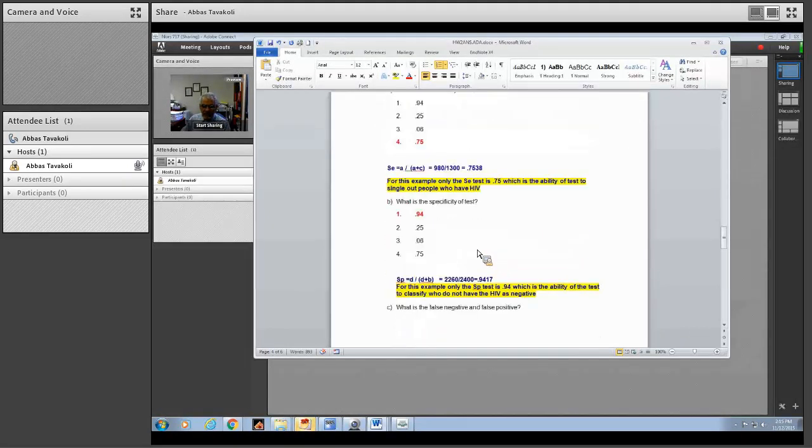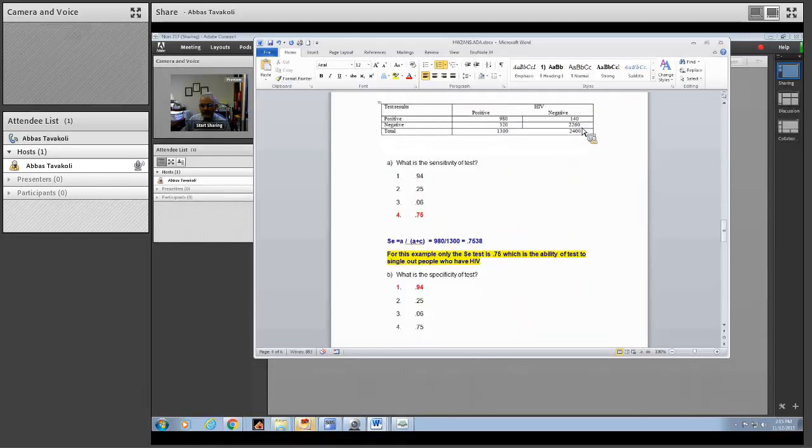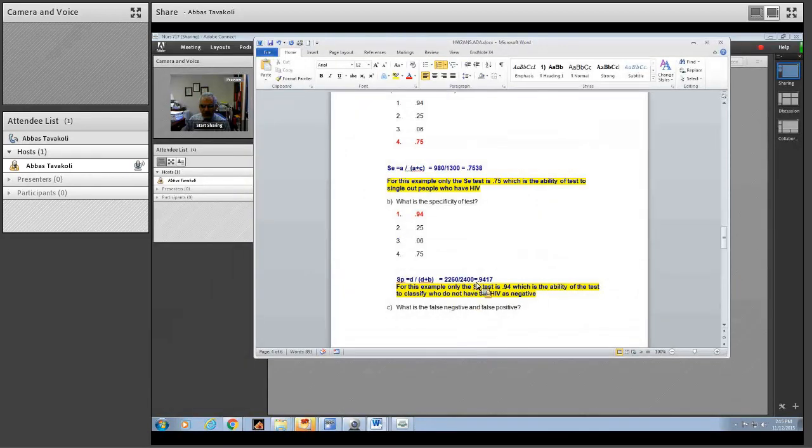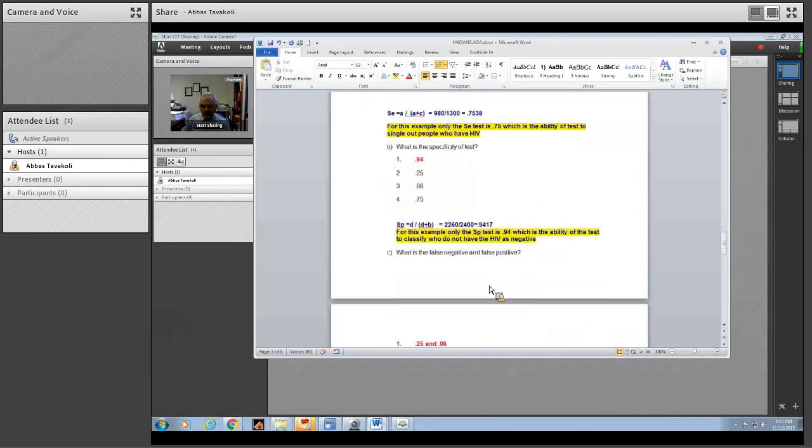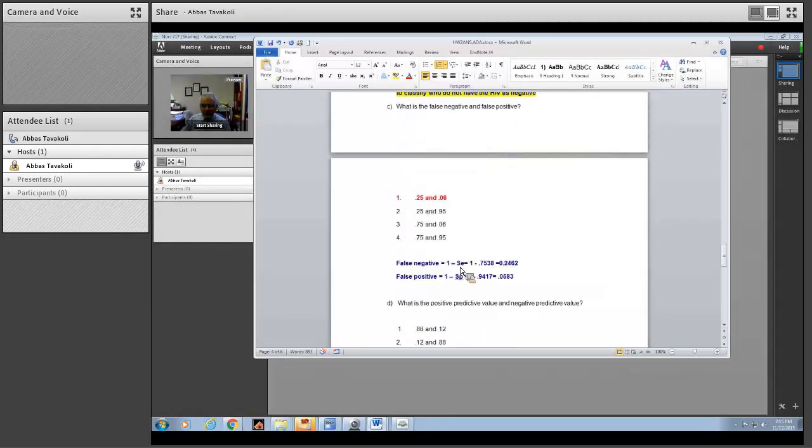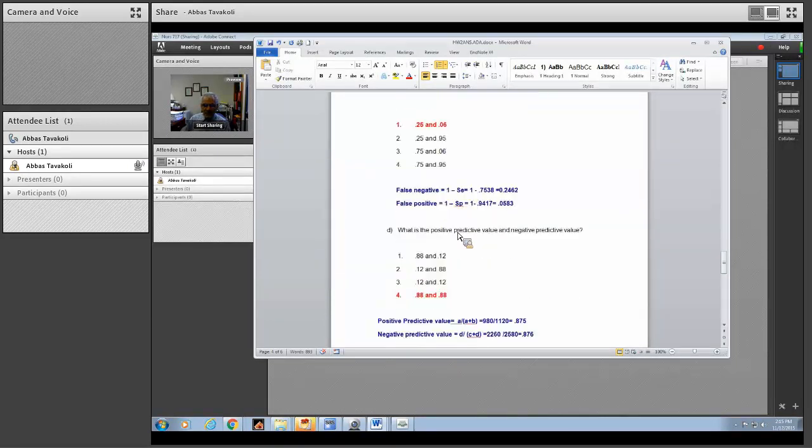The correct answer for the specificity is D over D plus B, which is 2260 over 2400, which is 0.94. And for false negative and false positive, false negative is 1 minus sensitivity, which is 0.246, which you rounded to 0.25, and 1 minus specificity, which is 0.05 or 0.06, which is the correct answer.